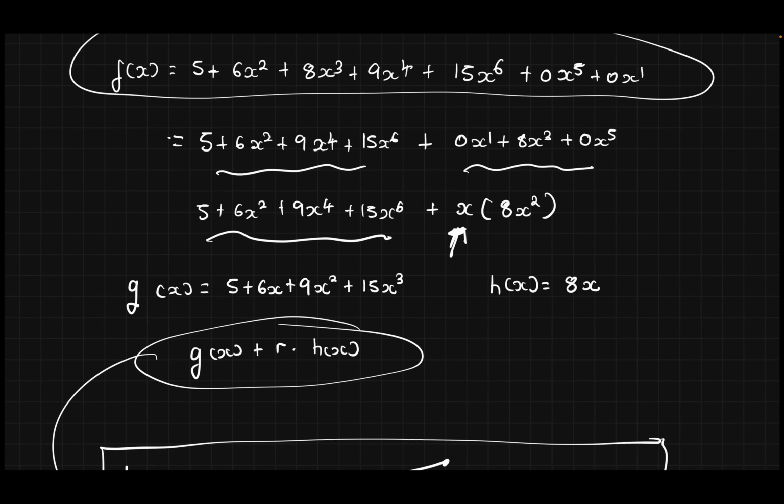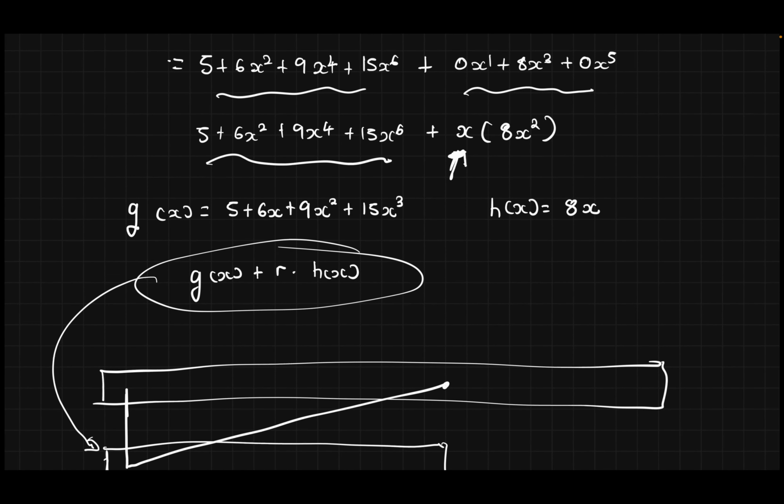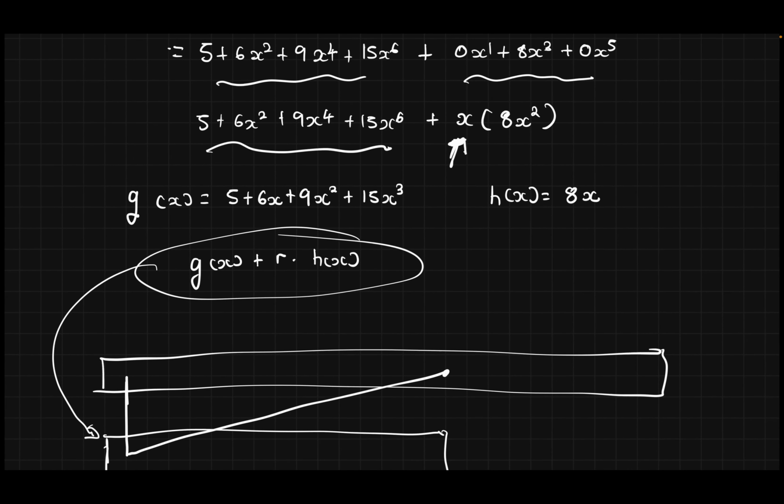So we get g of x. You need to get g of x, you need to get h of x. Then use those to fold to get the new thing. So let's fold fully. What should we do as our r? Give me a random r.